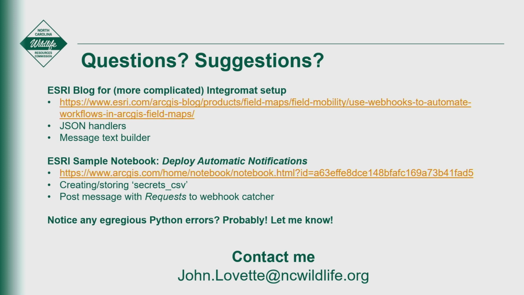Yes, so for the email notifications, the part where it created the downloadable link to the photos, could you send those email notifications to people that don't have ArcGIS Online accounts, and are those people able to download the pictures? So the question was, can you send those emails with the photo URLs from Survey 123 in the Power Automate workflow to people who don't have an ArcGIS Online account, and can they access those photos?